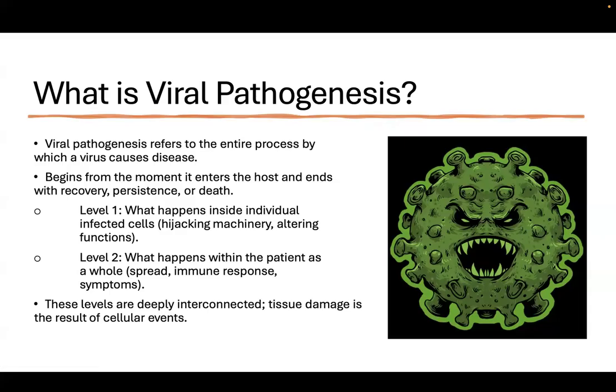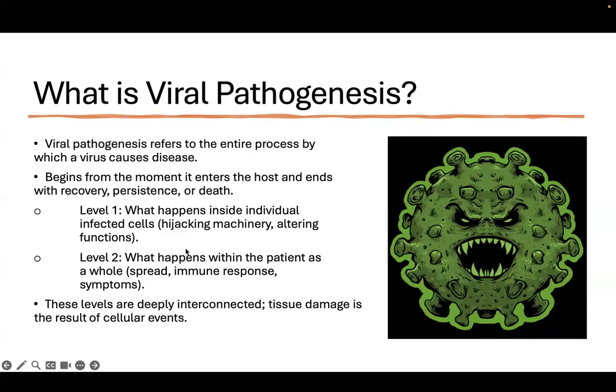These two levels, despite being different levels in some way, are very interconnected with each other, and it makes sense, because whatever happens to the cells is going to happen to the patient, because cells make up tissues, which make up organs. If a virus is able to kill an abundant amount of cells, it can really damage the tissues, which can then damage a vital organ like the heart or the lungs, which can have a huge impact.